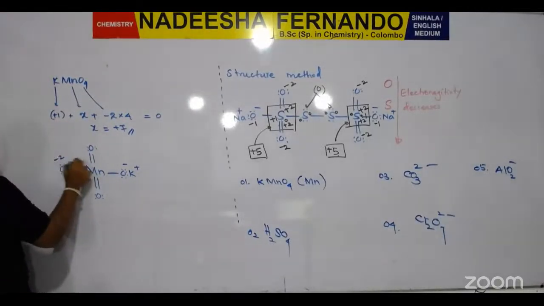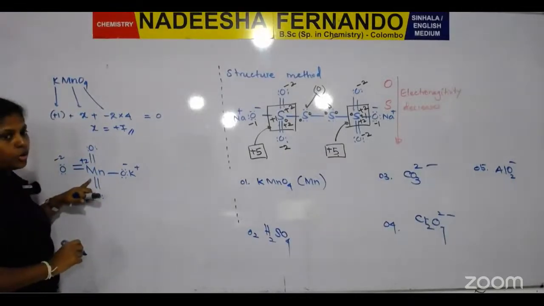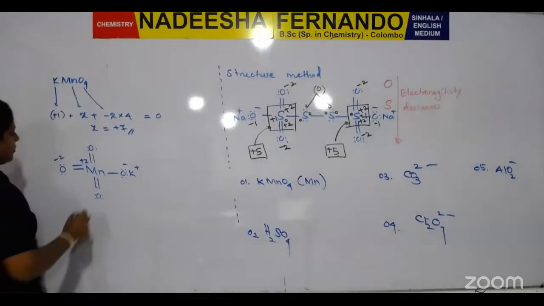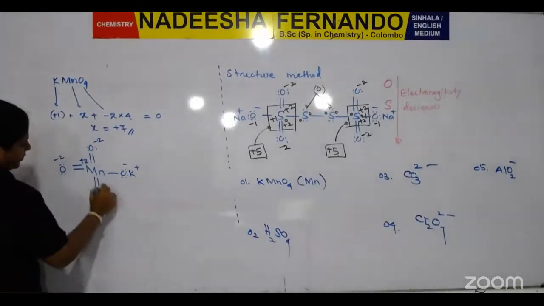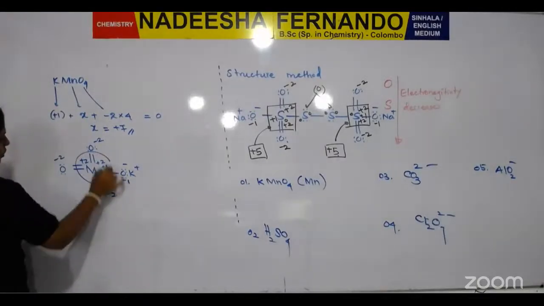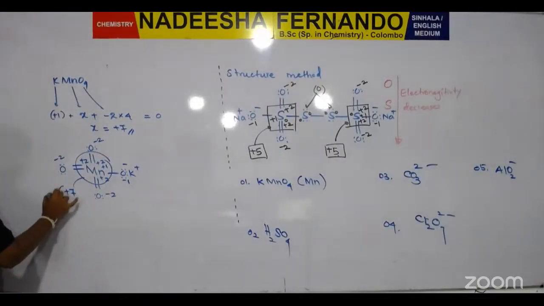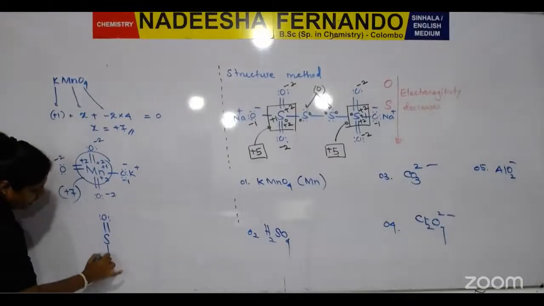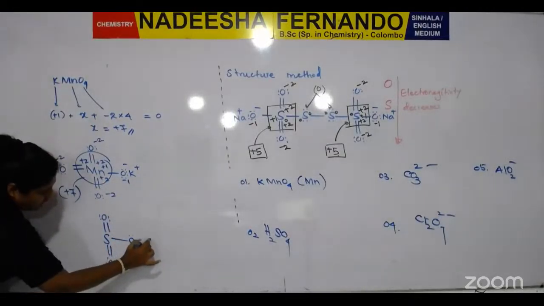So minus 2 plus 2. Metal has lower electronegativity than the non-metals. Minus 2 plus 2, plus 2, minus 1 plus 1. So overall charge is plus 7. When you take H2SO4, this is the sulfate ion, and the oxygen O minus combined with hydrogen to make the covalent bond.